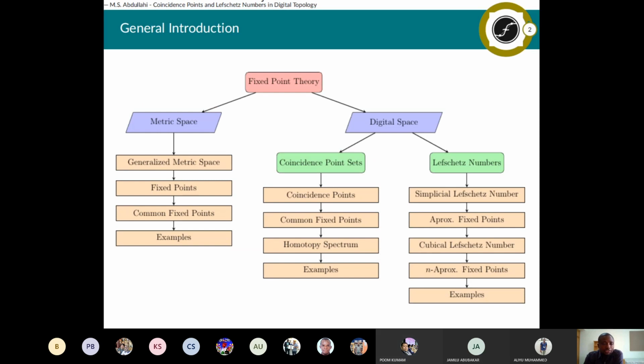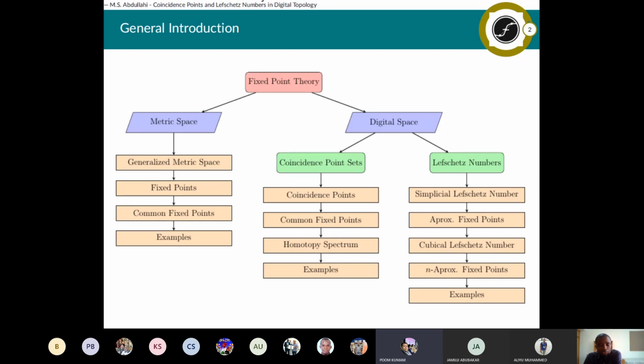So the general introduction is all about this. We are going to study fixed point theory, but the direction of this dissertation is two ways. The first part is studying fixed point theory on metric spaces, and the other is studying fixed point theory on digital spaces.